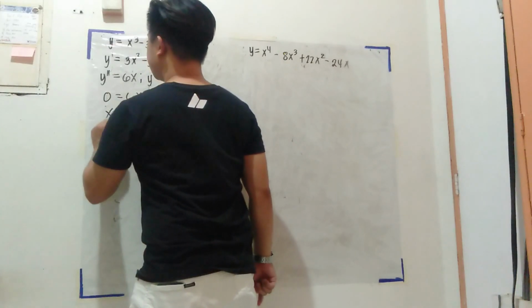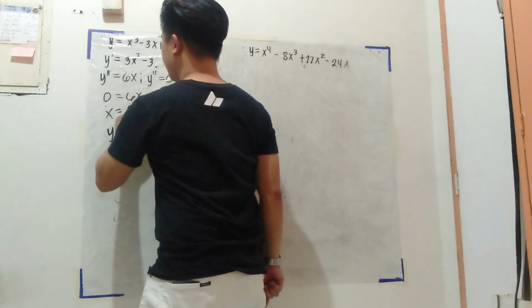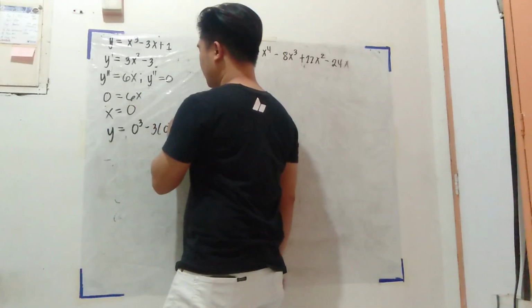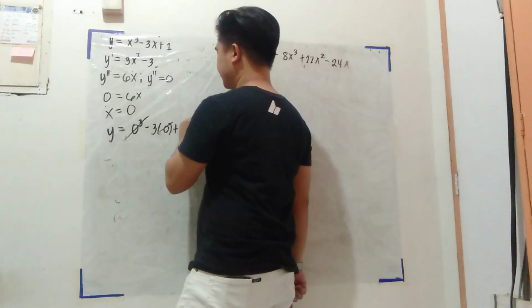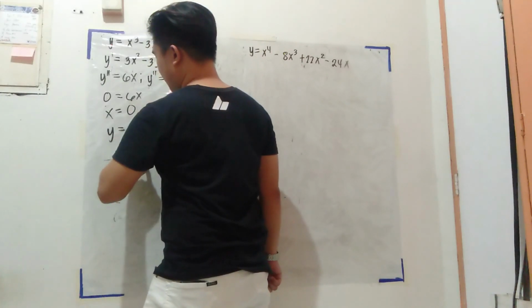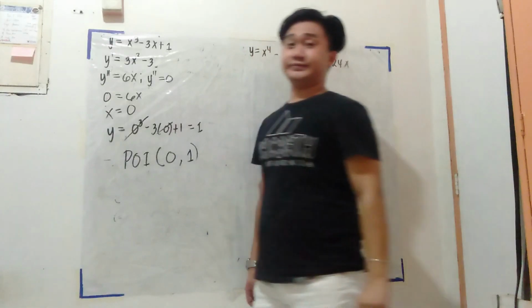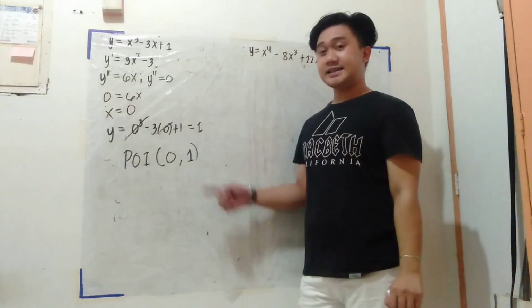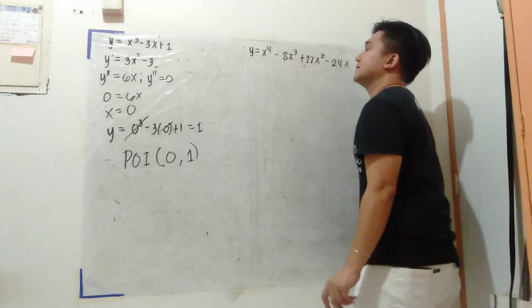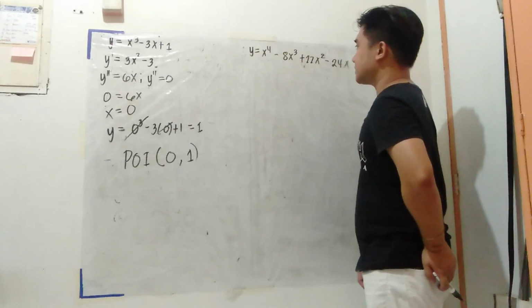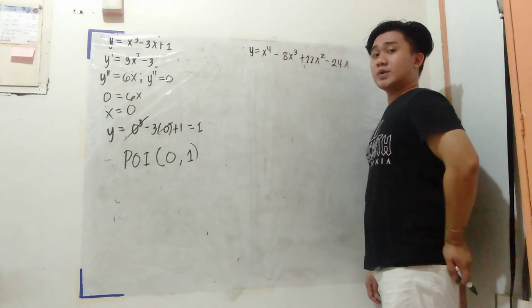So, y is equal to 0 cubed minus 3 times 0 plus 1. So, y is equal to 1. So, kapag hinanap ang point of inflection, this is (0, 1). Okay? Easy lang po.